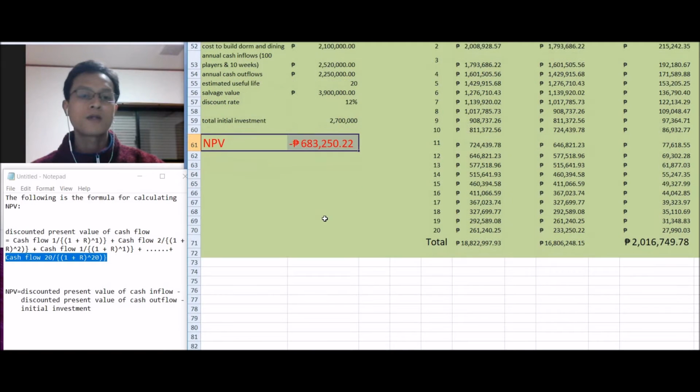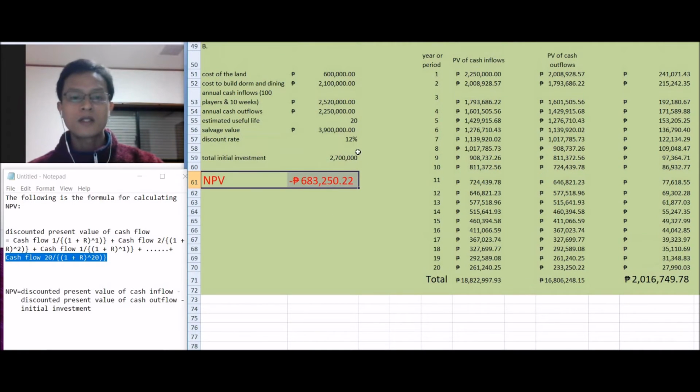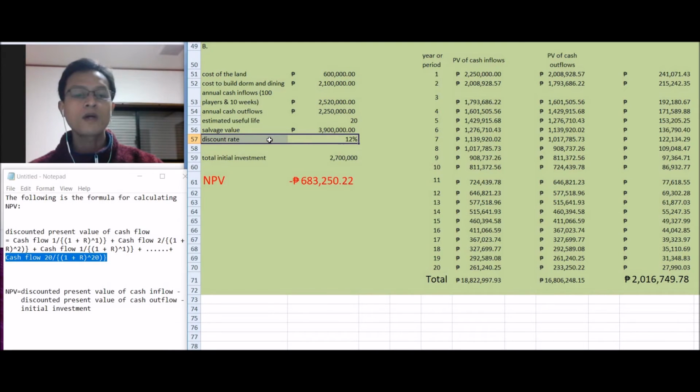So the main reason why it's negative is because the discount rate is quite high. It's 12%. That's the main reason why the NPV is being pulled down to a negative value.